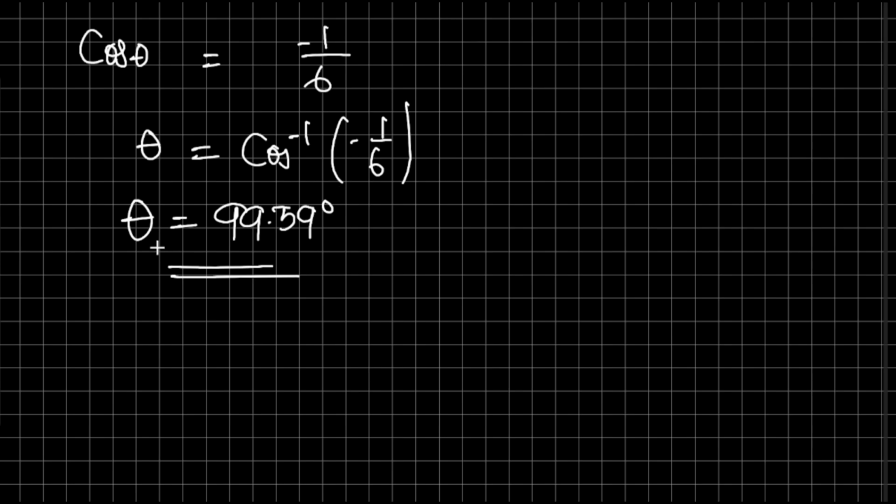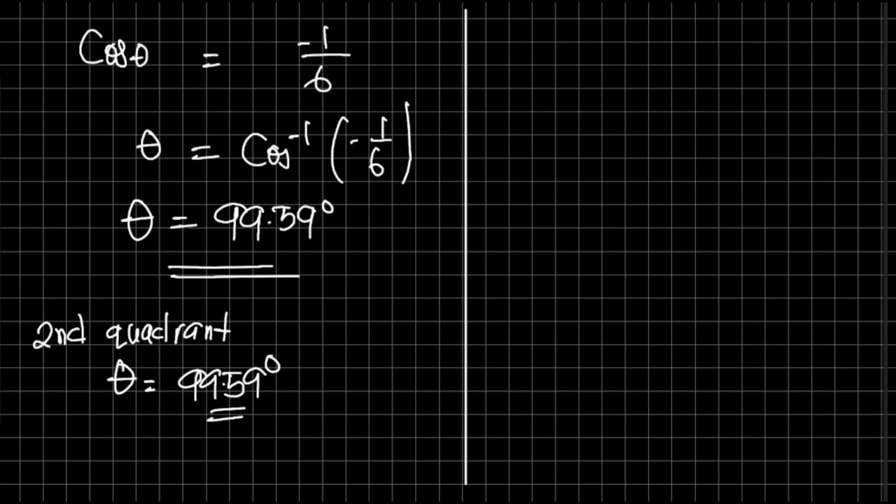Okay, and then you can take the acute angle of this answer. Where will it be positive? The answer is negative, so the answer can be in the second quadrant. So for the second quadrant, theta equals 99.59 degrees, and in the third quadrant, theta is also negative.